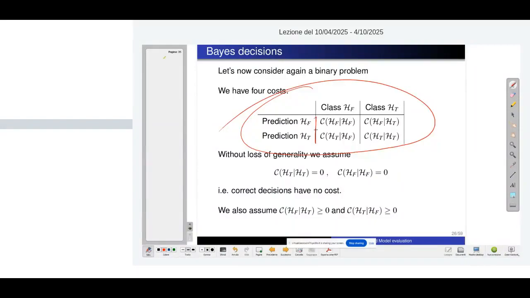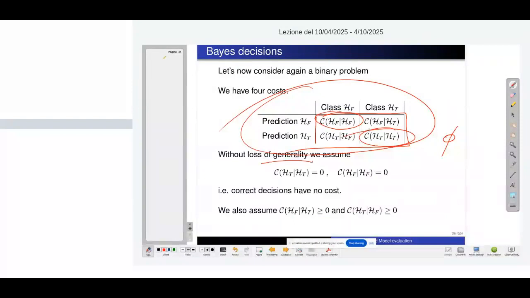In the binary problem, we have 4 possible combinations of prediction and label. Now, without loss of generality, we assume that correct classification costs 0. Why? Because if they don't cost 0, we can renormalize our costs so that correct classification costs 0, and the cost that we neglect is a cost that in any case we would have to pay regardless of what we predict.